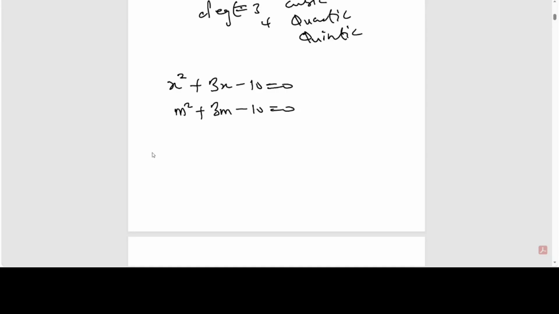And then if we take out the equality sign, so I'm going to rewrite this and say x squared plus 3x minus 10 without any equality sign, then this is a quadratic expression.